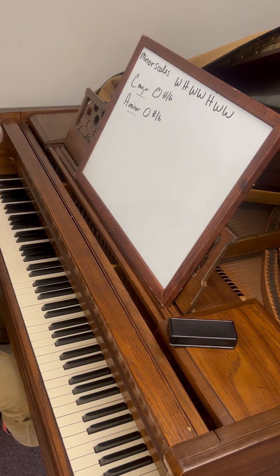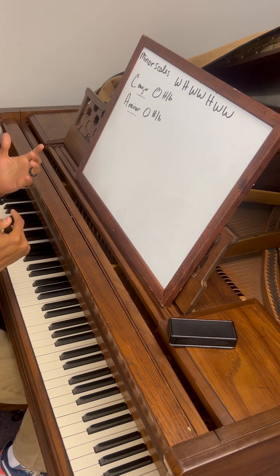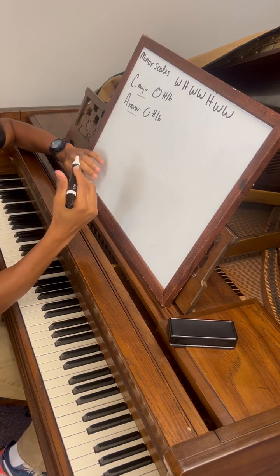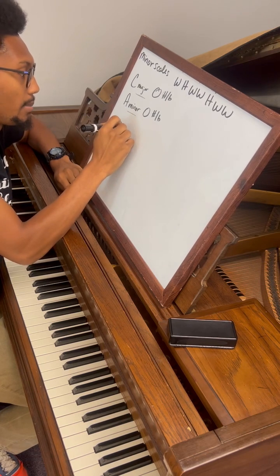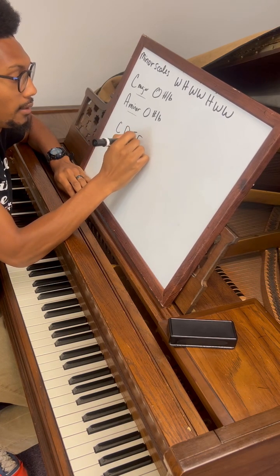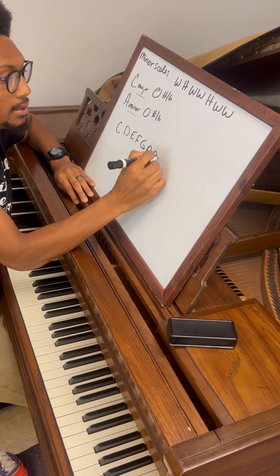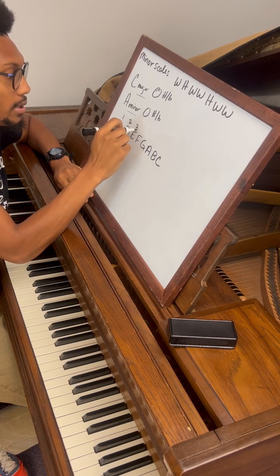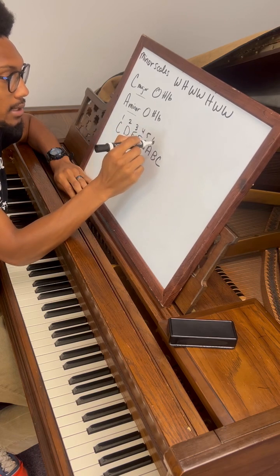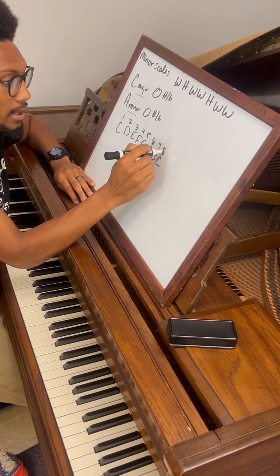If you look at the key of C, and this is important because it will help you understand scale positions a little bit better too. If you look at the key of C, remember C, D, E, F, G, A, B, and C, and we're going to write our numbers. It goes 1, 2, 3, 4, 5, 6, 7, 8.